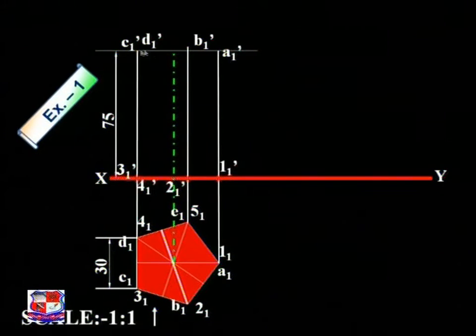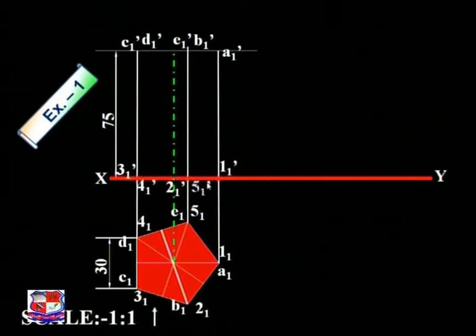So here A, B, C, D and E would be here. So this A1, B1, C1, D1, E1 dash, all the points are on the top face, 1, 2, 3, 4, 5 are on the bottom face, and dash point indicates that it's a front view.